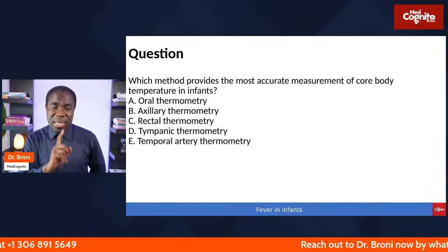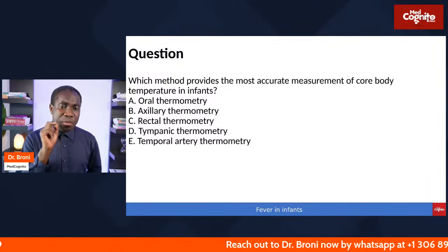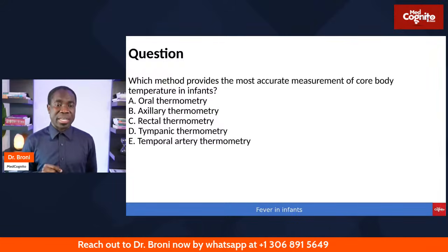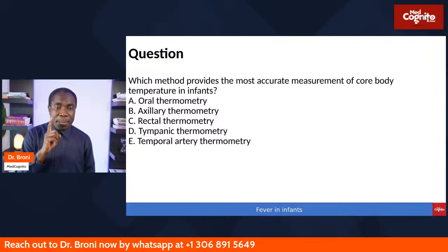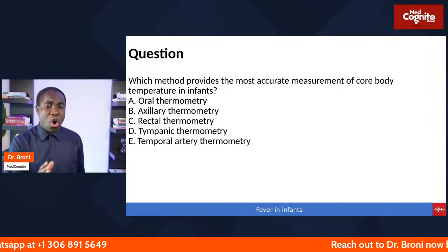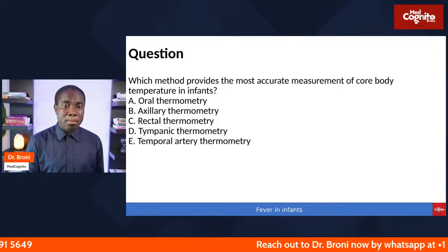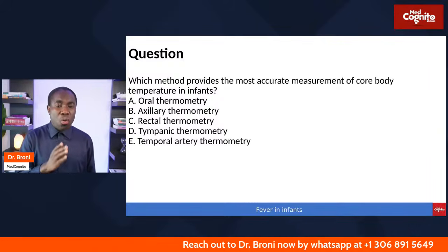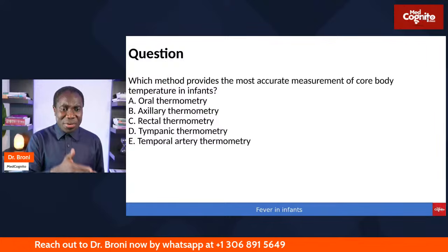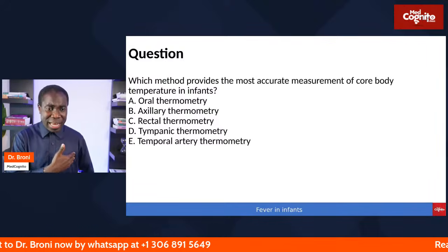Now, which method provides the most accurate measurement of core body temperature in infants? A, oral thermometry. B, axillary thermometry, that is in the armpit.